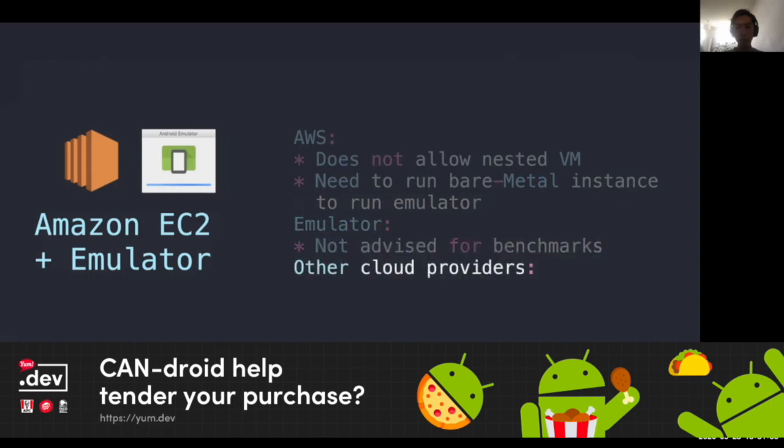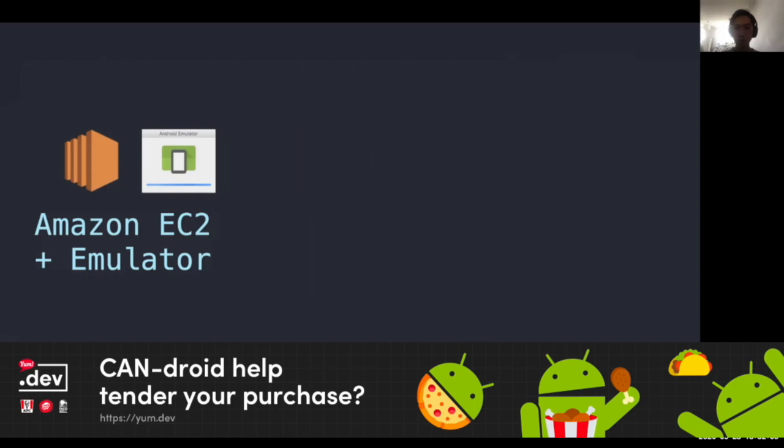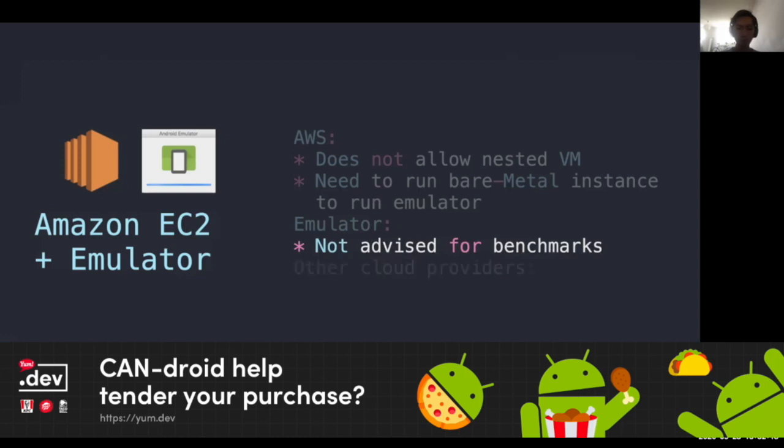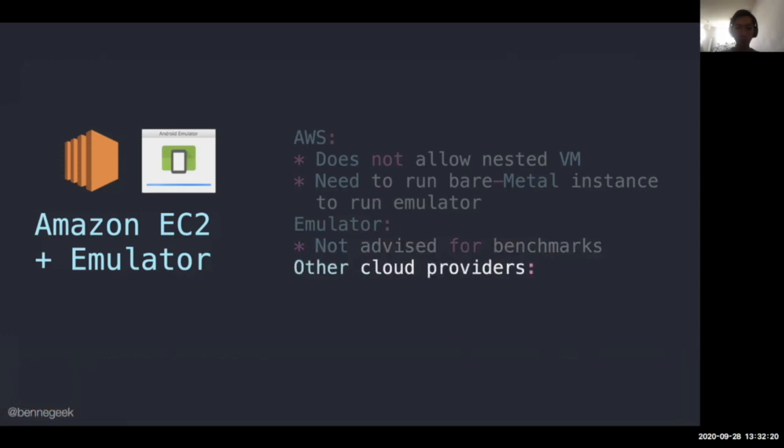And of course, it's not advised for benchmarks. Other cloud providers have nested VM support, so you can do this there. But still, emulators are not so good for running benchmarks as outlined here. So this is not a very good solution.